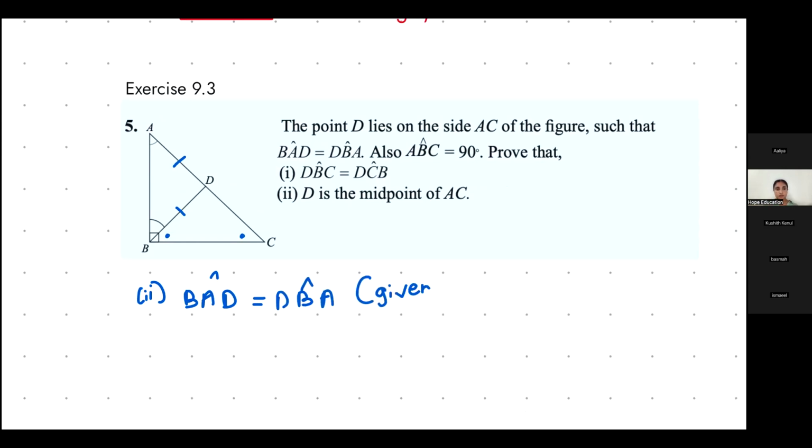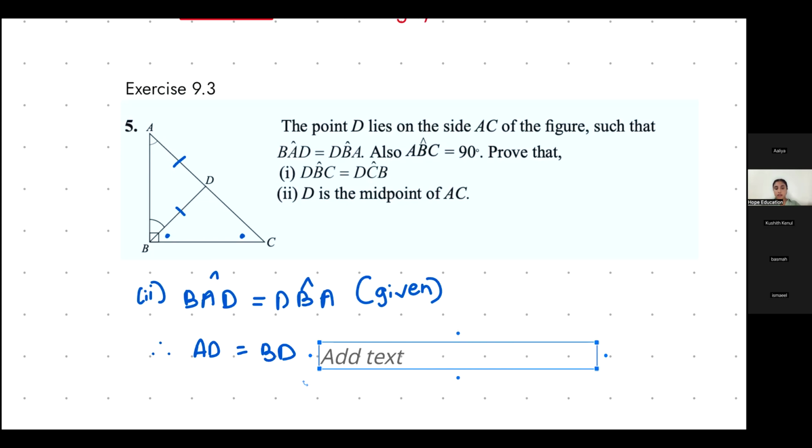Therefore, AD equals BD. For the reason, this is the theorem that we just learned: sides opposite to equal angles in a triangle are equal.